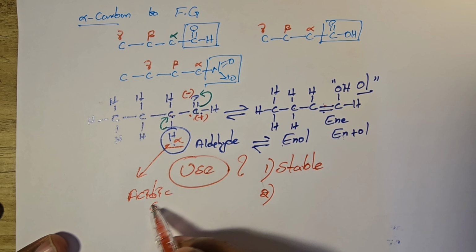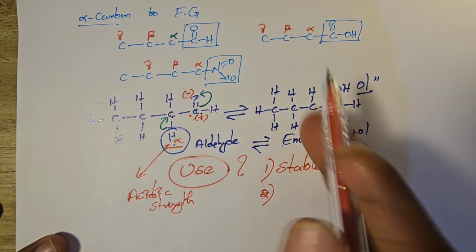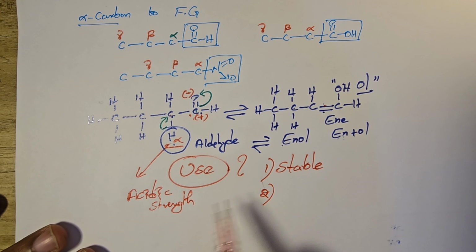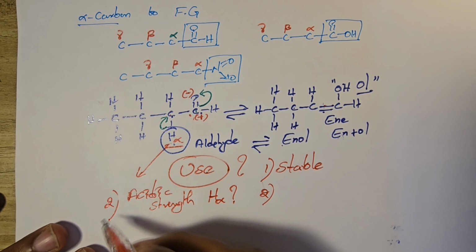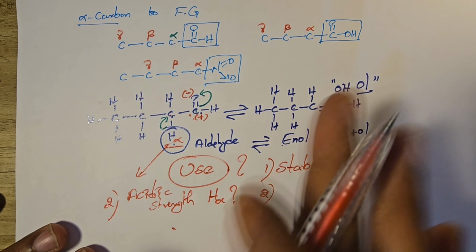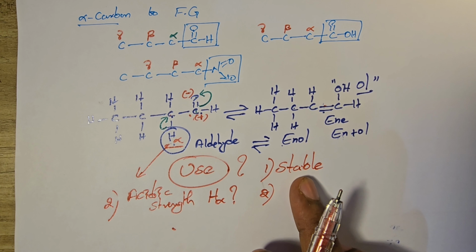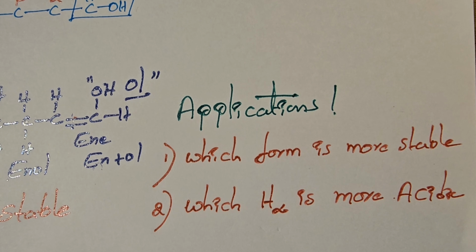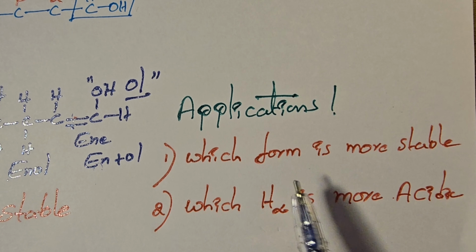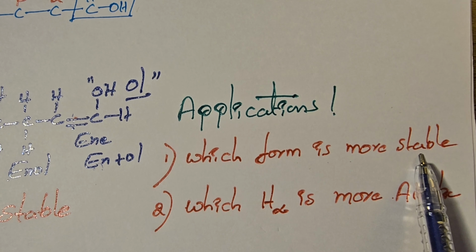Different molecules have different alpha hydrogens, so which alpha hydrogen is more acidic in nature? These are the applications of tautomerism. Tautomerism gives information on the stable form and the acidic strength of the alpha hydrogen. What are the applications, students? Mostly the common application is which form is the most stable form: keto form or enol form? Aldehyde form or enol form?